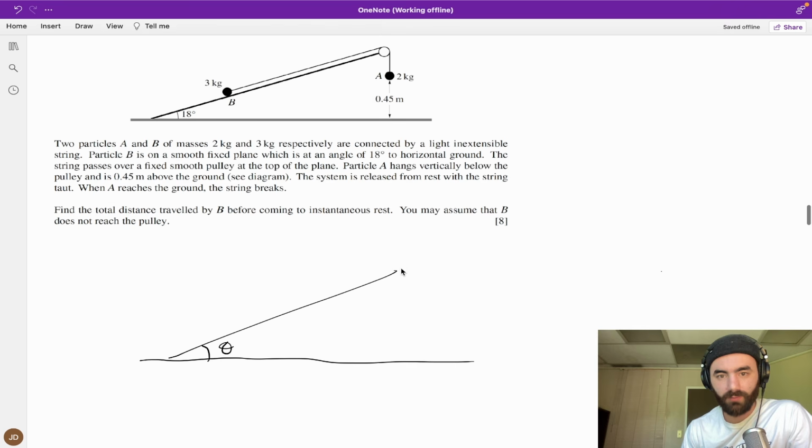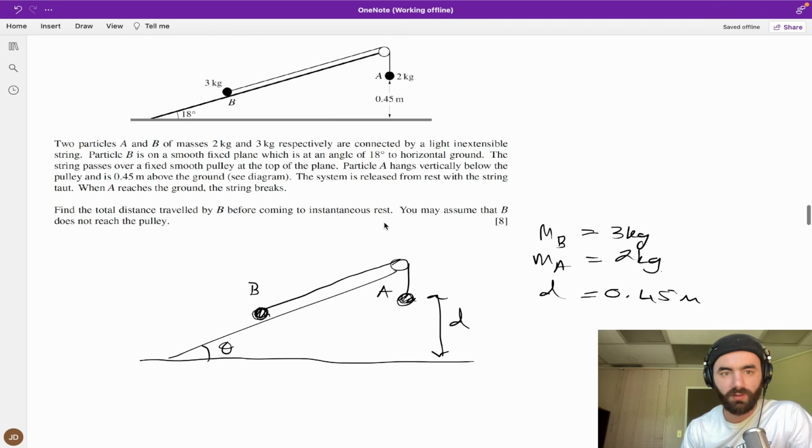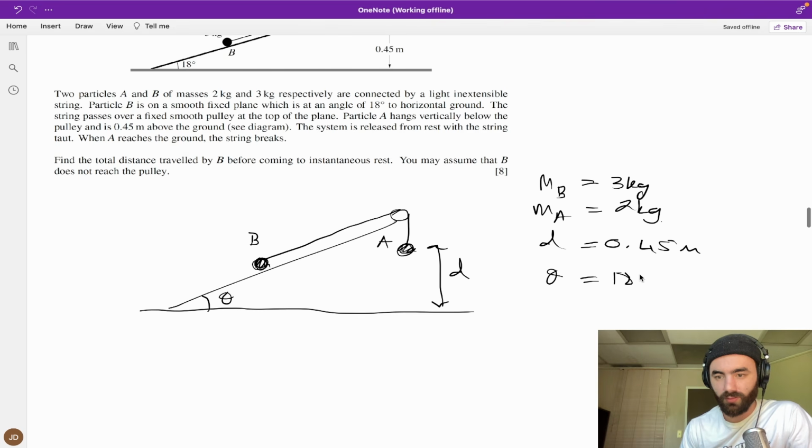This is theta, pulley, A. This is our A. This is our B. The mass of B is 3 kgs. The mass of A is 2 kgs. This is at a distance, we'll call it D. D is 0.45 meters. And theta is 18 degrees.